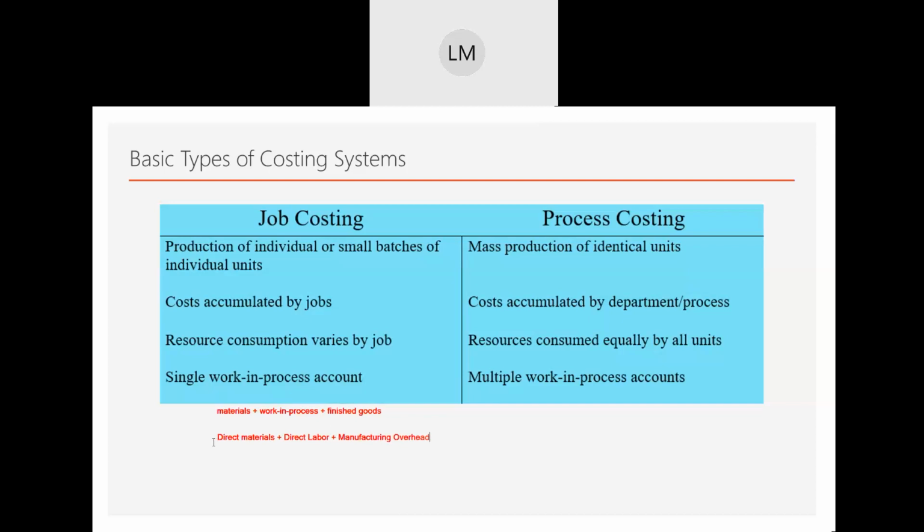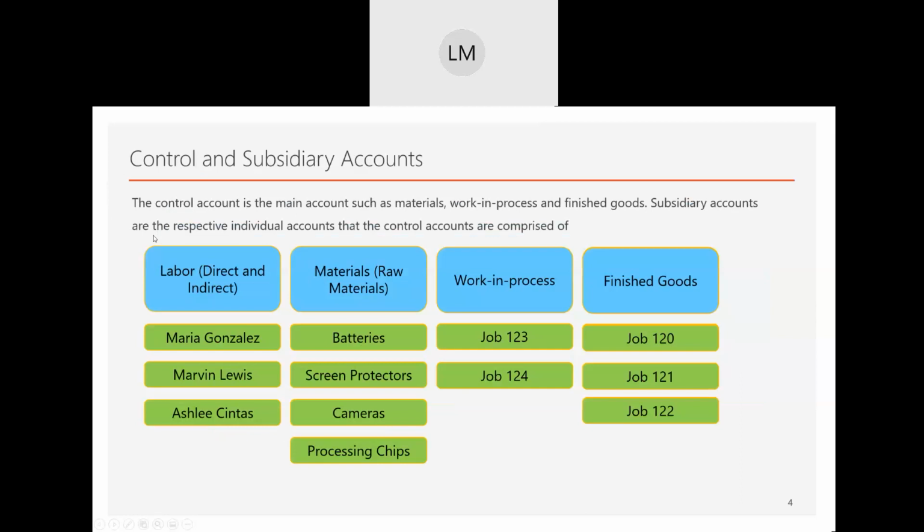So let's get some basic concepts under our belt, and then we're going to review these and see how they play out in job costing. Let's talk about the concept of control and subsidiary accounts. Now, the control account is the main account that we would expect to see on the balance sheet.